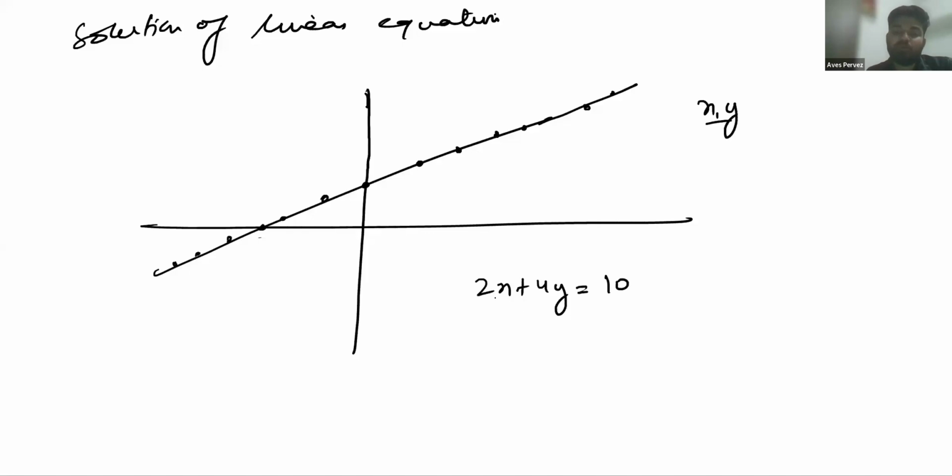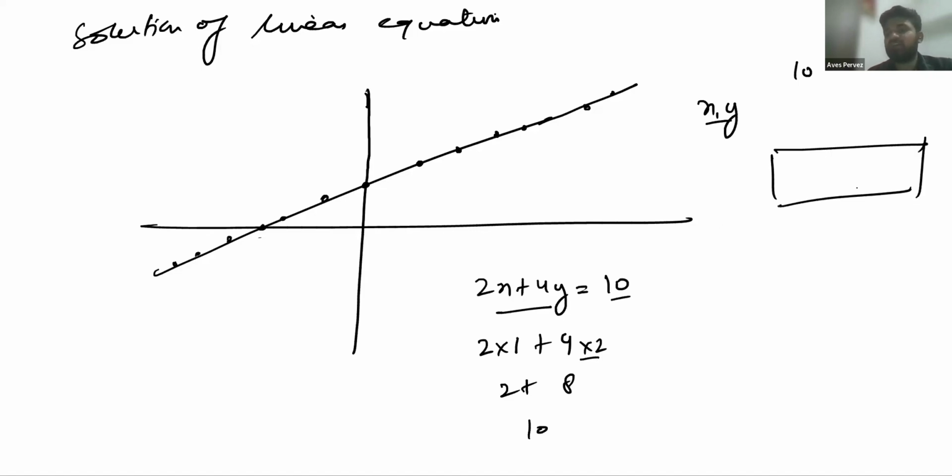For example, if you put x equals 1 and y equals 2, we get 2 plus 4 into 2, that is 8, so we get 10 here. LHS becomes equal to RHS. So when you put x as 1 and y as 2 in this equation, you get the coordinate 1, 2. So 1, 2 is a point lying on this line segment.